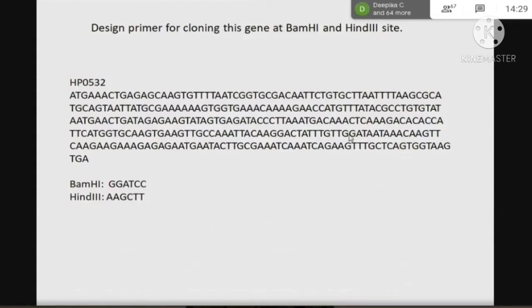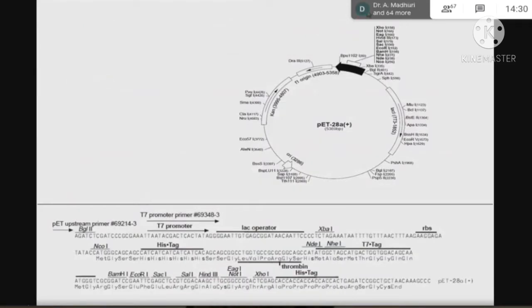Our open reading frame should not have the restriction site. Then only can we clone the complete gene. So this gene should not have this restriction site. We have to search which of these restriction sites are absent in the gene. Then only can we clone at that site. Are you getting?